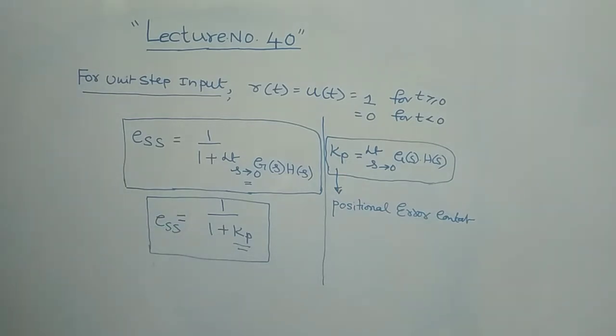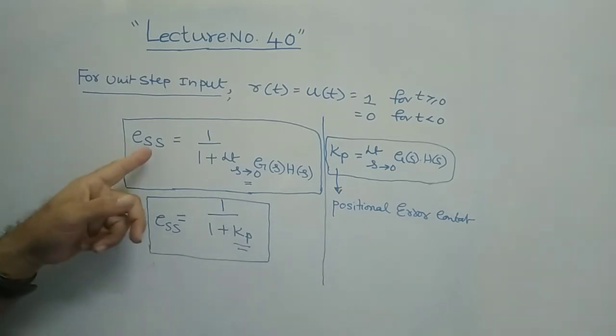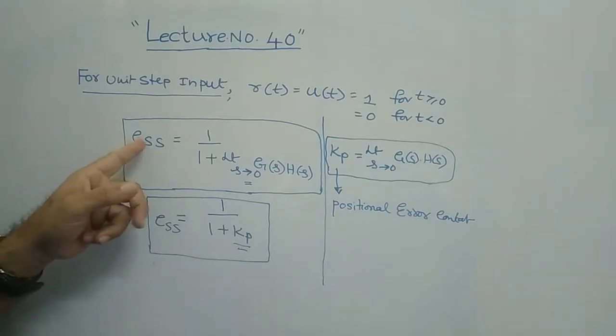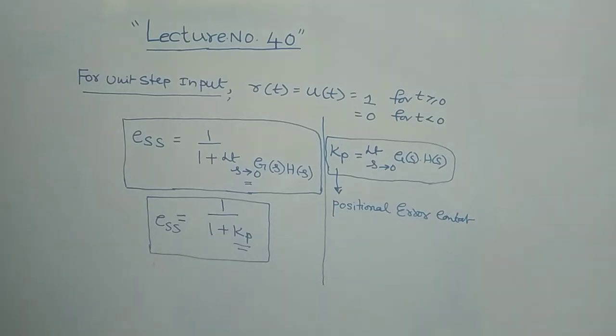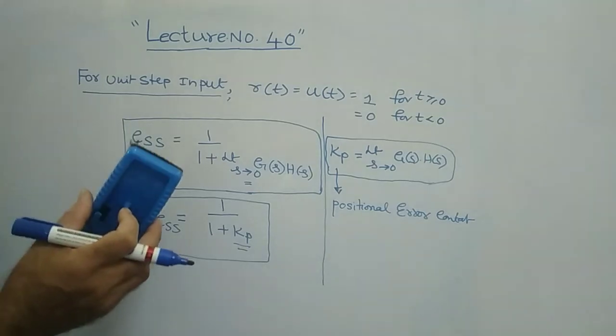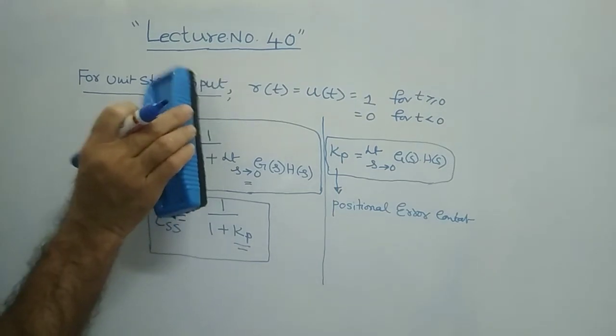Now, for different types: for type 0 system, similarly for type 1 system, for type 2 system, what is the steady state error value? What is the steady state error value when the input is unit step?